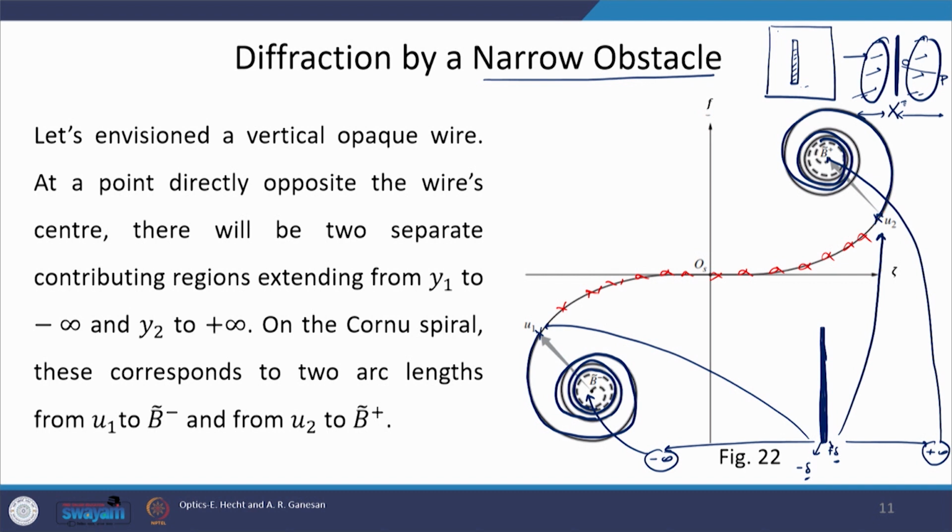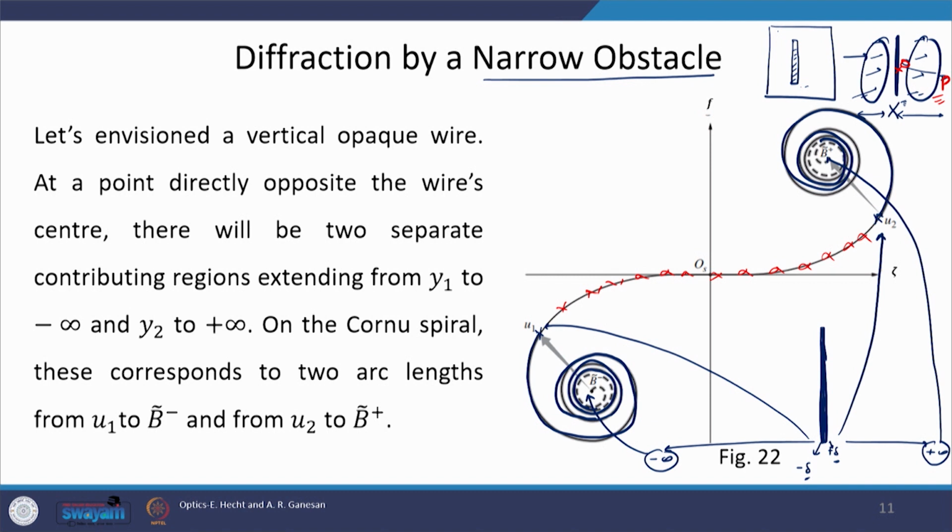Herein, I repeat, what we considered is a vertical wire, and the point of observation is a point directly opposite to the center of the wire, which is shown in this figure. The origin is at the center of the wire and P is directly opposite to O. It means the system is very much symmetric.